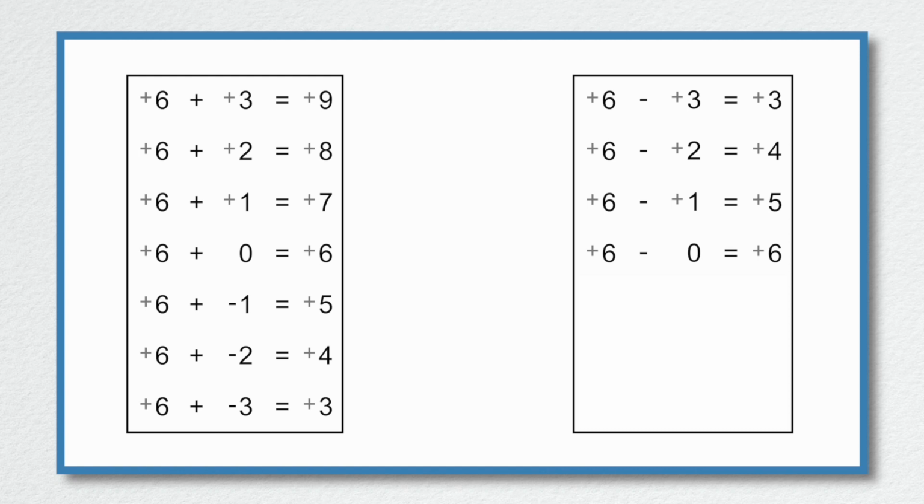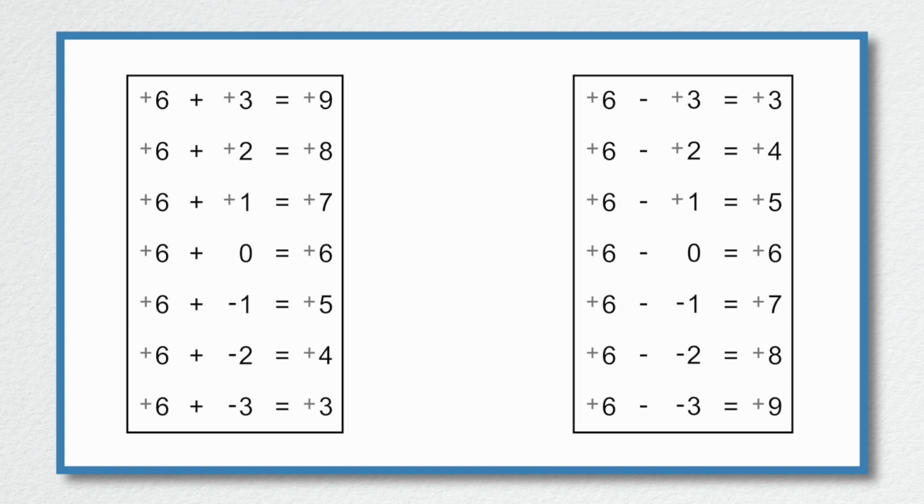Now look what happens following our pattern. If I've got positive 6 and I subtract negative 1, I get positive 7. And if I then subtract negative 2, I get positive 8. And if I do 6 subtract negative 3, I get positive 9.